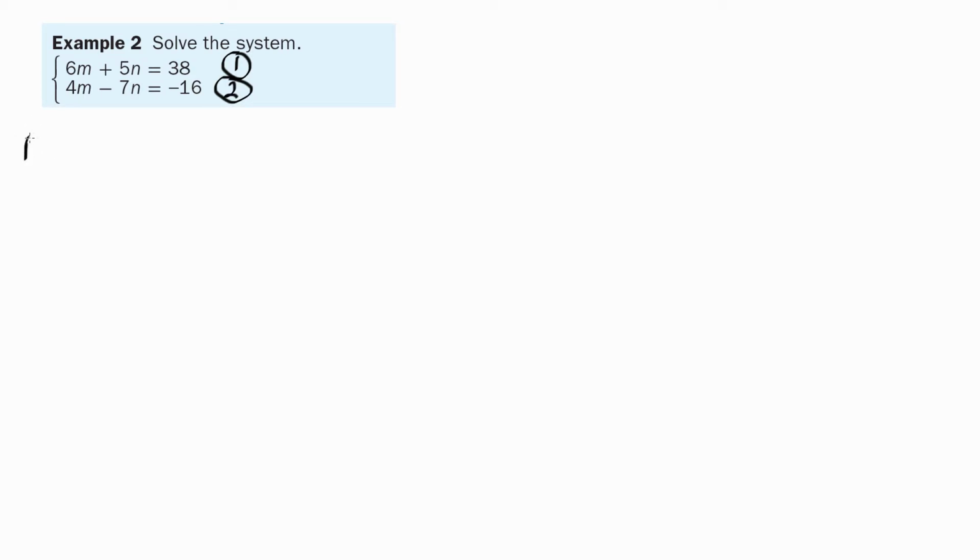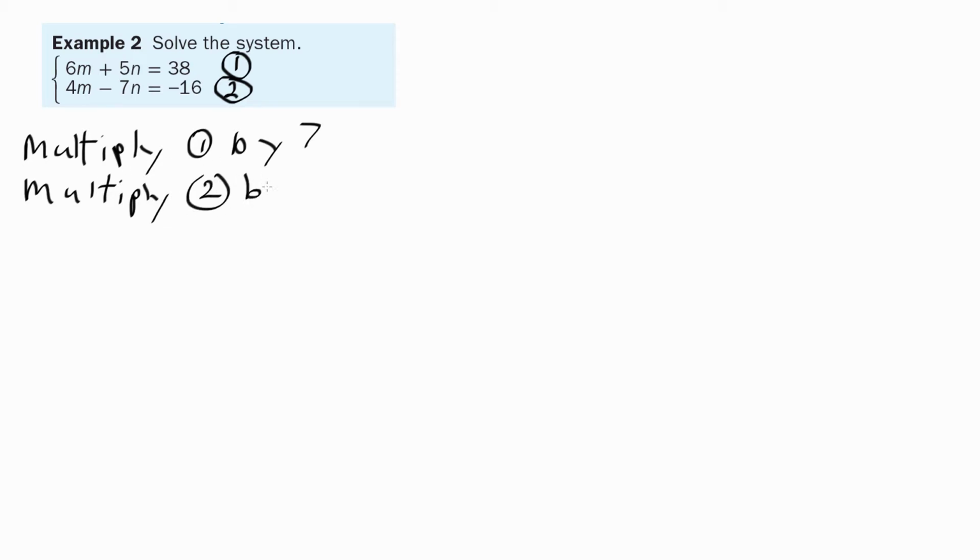What I'm going to do is multiply 1 by 7, and I'm going to multiply 2 by 5, and I'll get my new system.